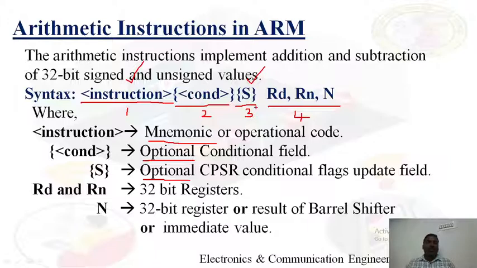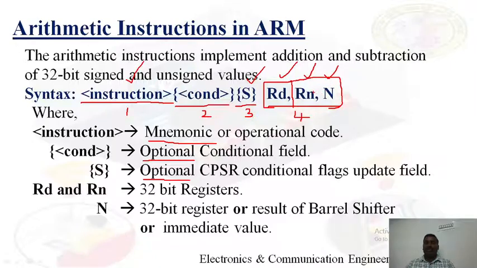register. Now coming to the fourth field, it contains three operands, that is Rd, Rn and N. Here Rd acts as the destination to hold the result of the arithmetic operation, whether addition or subtraction. Rn and N indicate the two sources.